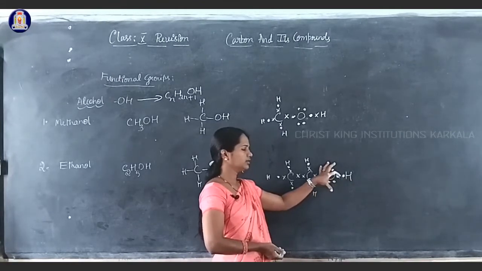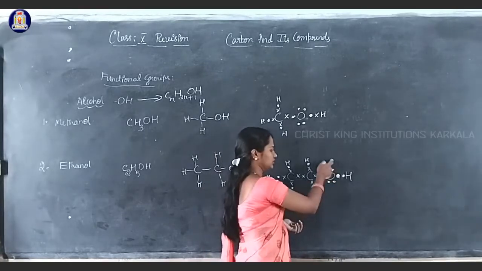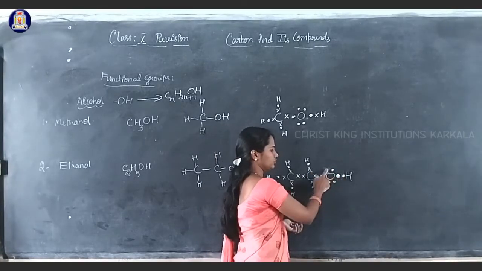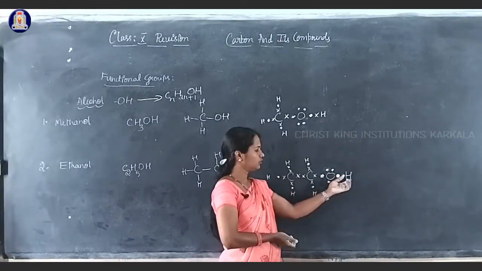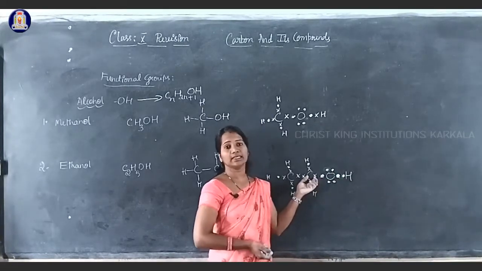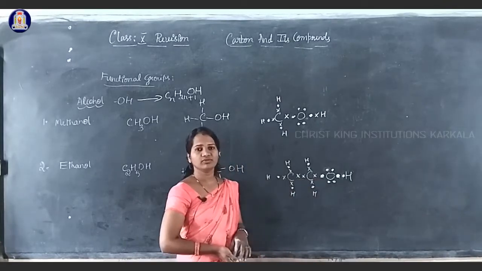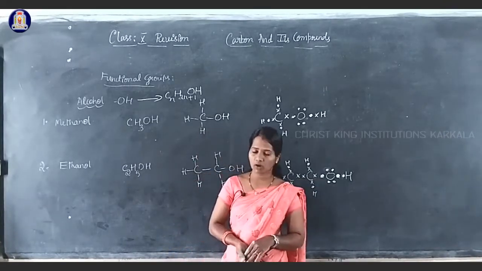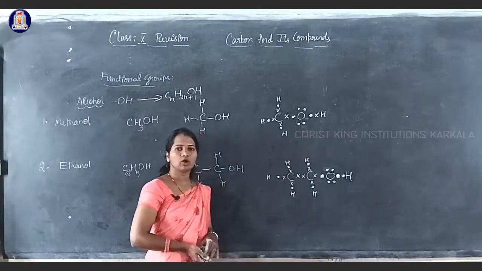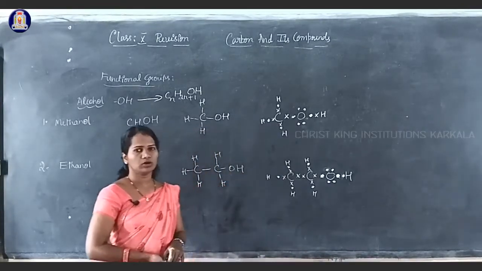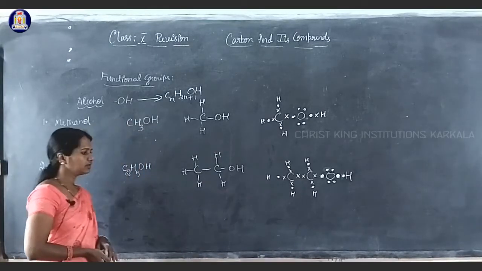So altogether this oxygen contains 8 electrons, 6 plus 2 electrons from hydrogen and carbon, they are sharing electrons. A bond formed by sharing electrons between 2 atoms we call a covalent bond, and such compounds are called covalent compounds.